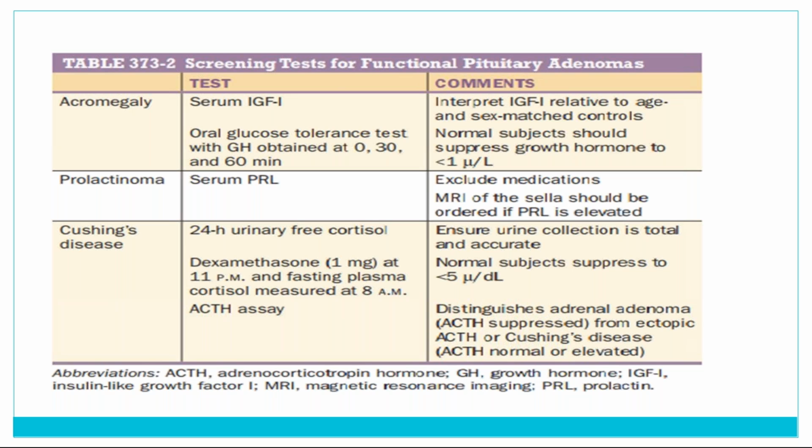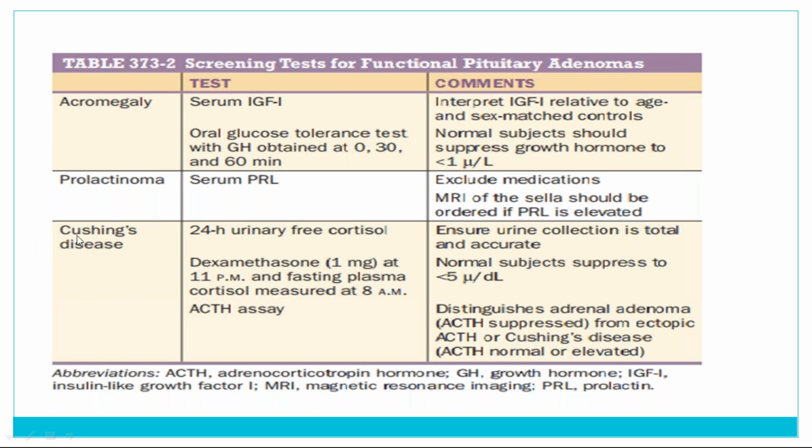Whenever there are increased cortisol levels in the body, that is called Cushing's syndrome. If the Cushing's syndrome is due to a pituitary cause, then we call it Cushing's disease. So Cushing's syndrome includes both Cushing's disease and other causes also. Cushing's disease is nothing but Cushing's syndrome due to pituitary adenoma.